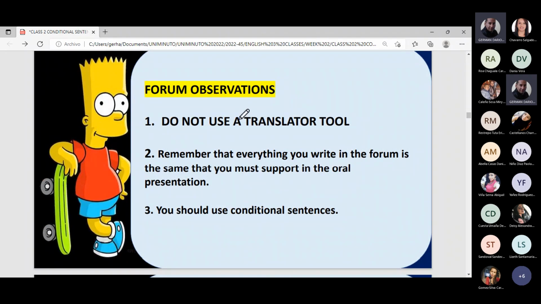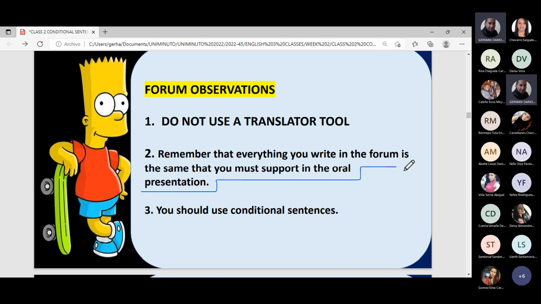Observations, because it's very important. I know that this is difficult, but try not to use a translator tool, okay? Because sometimes you use very difficult vocabulary, and of course I noticed that you use a translator tool. So try not to do it. Because remember that everything you write in the forum is the same that you must support in the oral presentation.